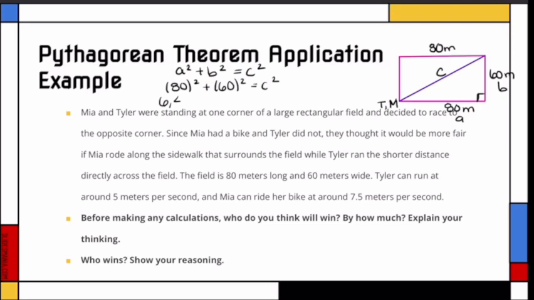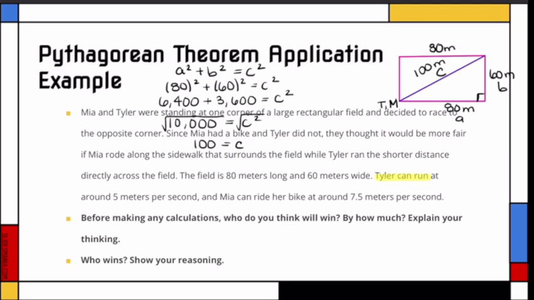Now we're going to grab our calculator and do 80 squared, which is 6,400, plus 60 squared, which is 3,600, equals C squared. That's going to be 10,000. And now we're going to take the square root of 10,000, which is going to be 100. So the distance directly across is 100 meters, okay?